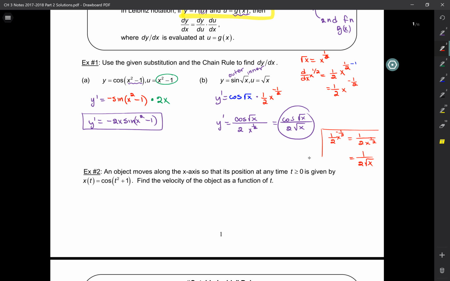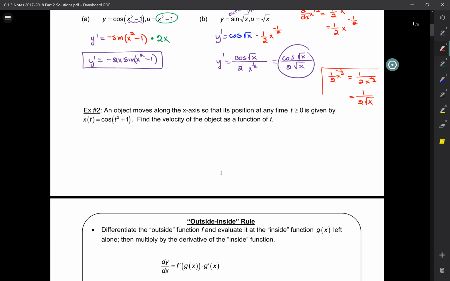Okay? All right. So take a look here. An object moves along the x-axis so that its position is given by x of t. So this is position. And that's a nice composite function with a cosine in there, right? It says to find the velocity as a function of t. So when you have velocity, it's instantaneous velocity.